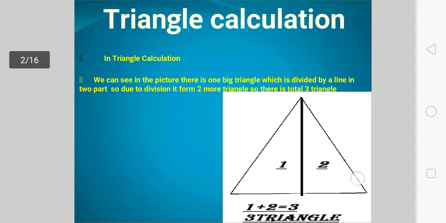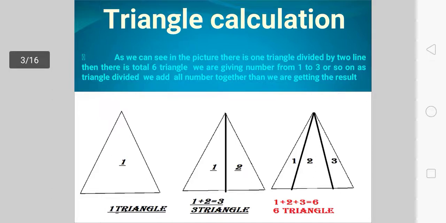So how many triangles are there? One triangle, two triangles and three triangles. So 1 plus 2 is equal to 3 triangles. By adding, we can calculate the total number of triangles in the figure.